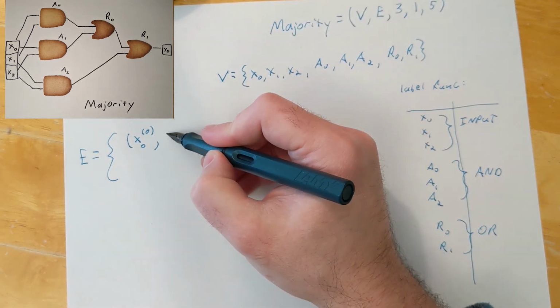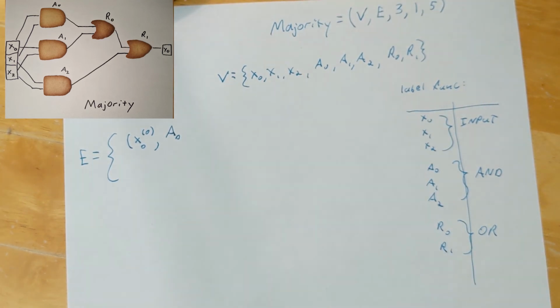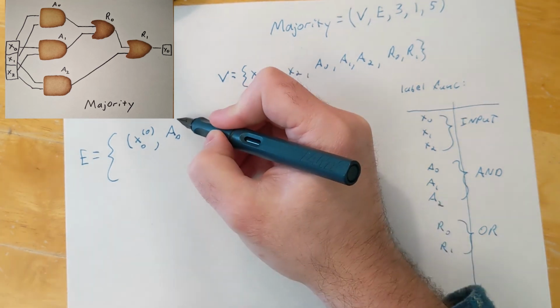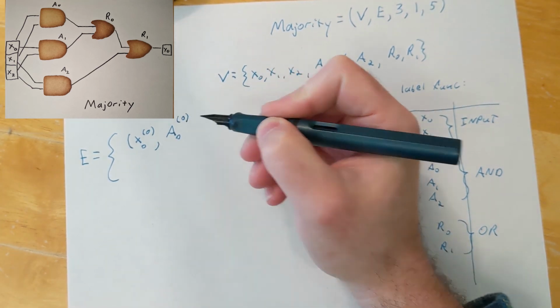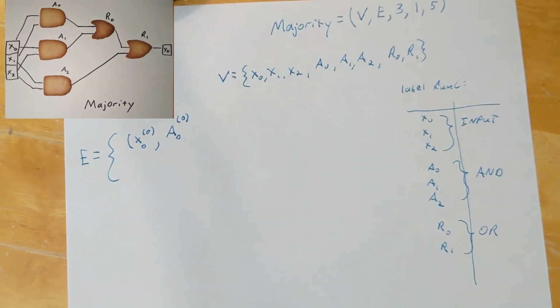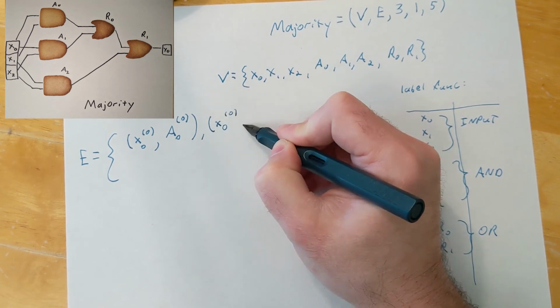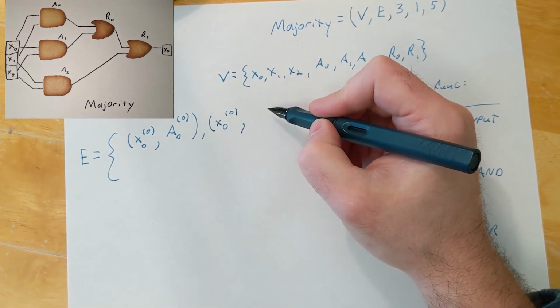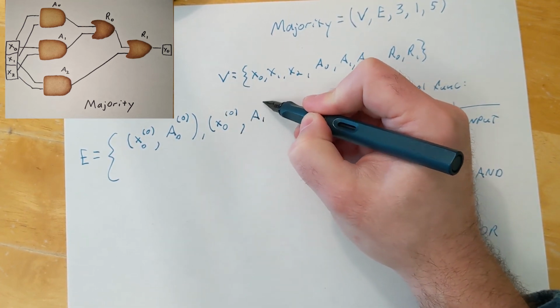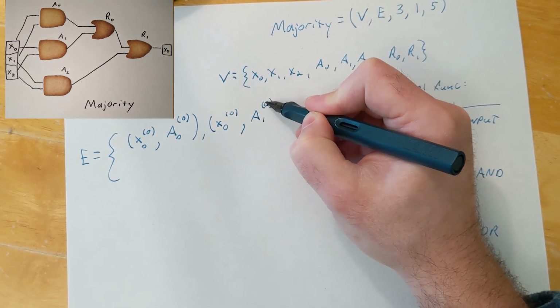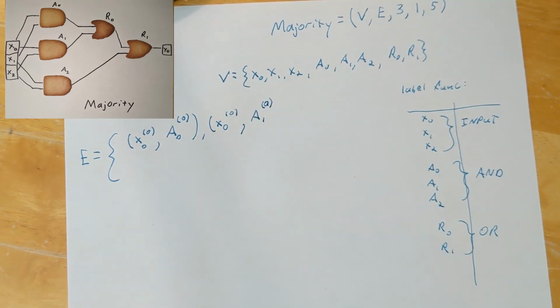It's going to go to gate a sub 0, so that first AND gate there, and we'll just say that that is going to be input 0. We'll say the top inputs are 0, the bottom inputs are 1, so that'll be input 0 of a sub 0. And then x0 is also going to go to a sub 1, that second AND gate that we see. So it's going to go to port 0 of gate A1.